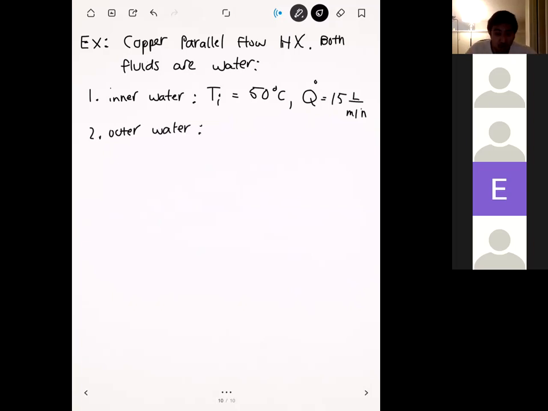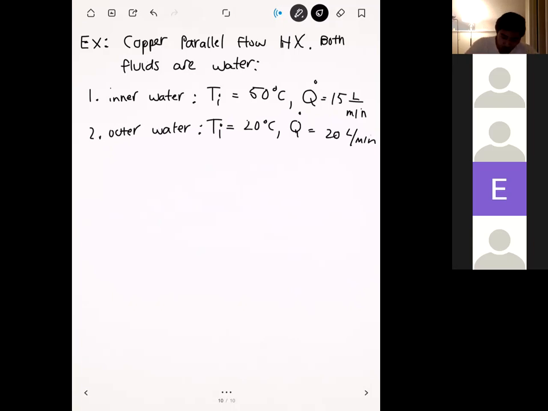The outer water, we'll say, has an inlet temperature of 20 degrees C, and the volumetric flow rate is going to be 20 liters per minute.